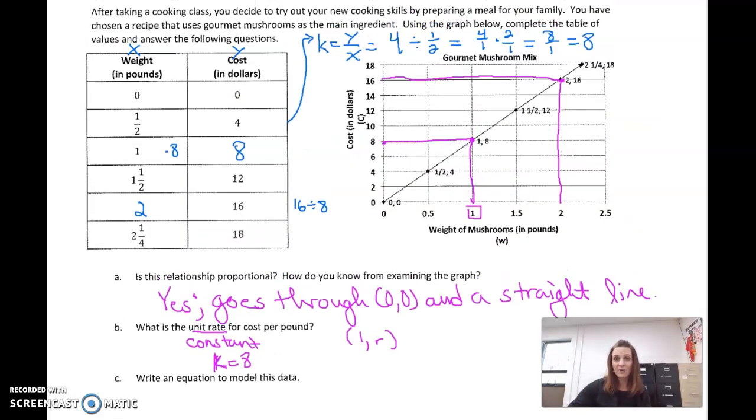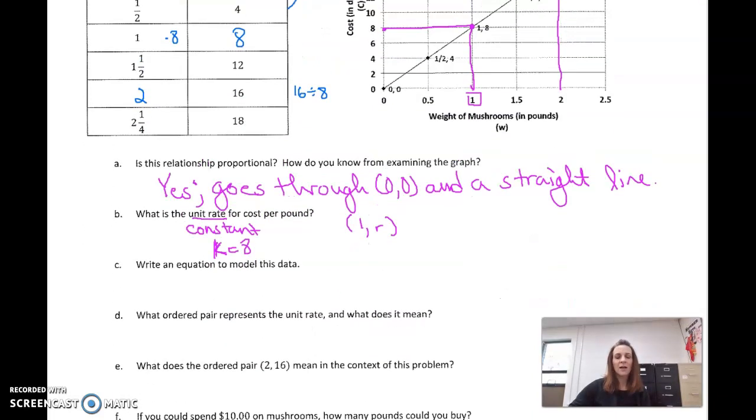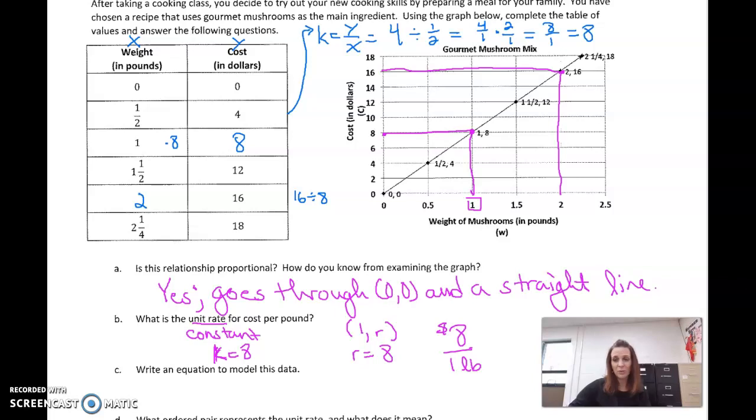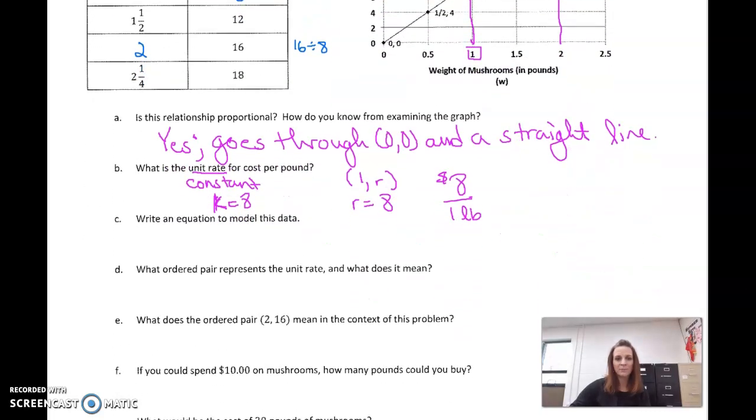So if we look at the graph, here's 1, it hits at 8. Still get my unit rate being 8. It does say the unit rate though, so I should write it as a unit rate. And remember, 8 stands for the number of dollars per 1 pound. $8 per 1 pound. It's always per 1.